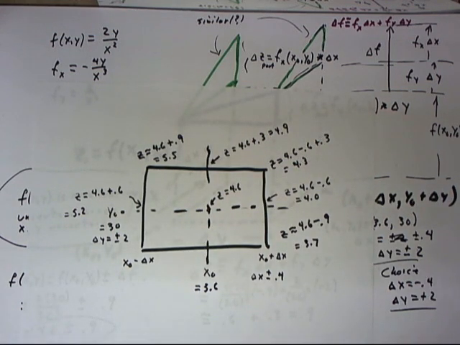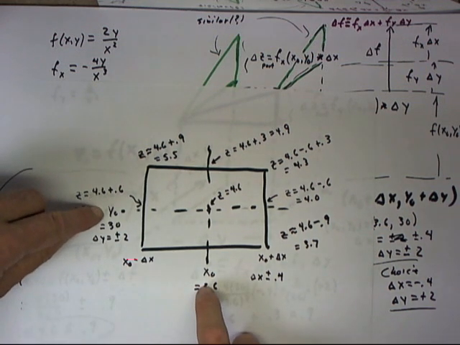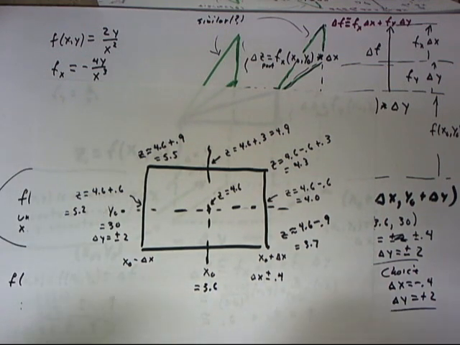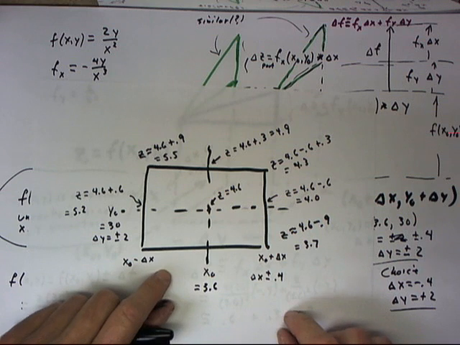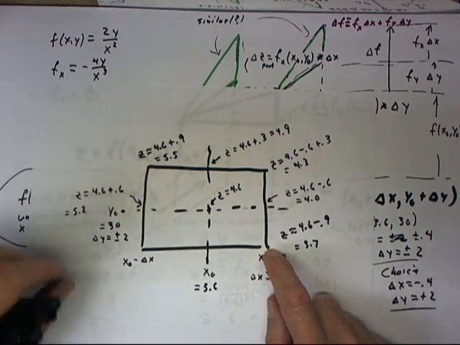Our actual value of x and y corresponding to our slightly uncertain observations has to lie between the 3.7 we get here and the 5.5 we get here.